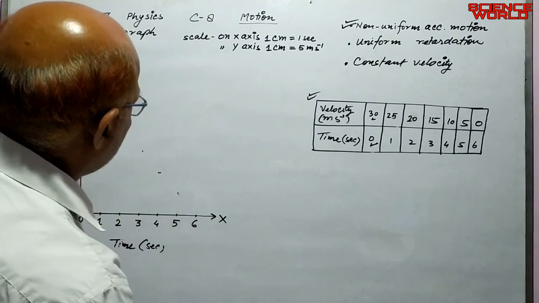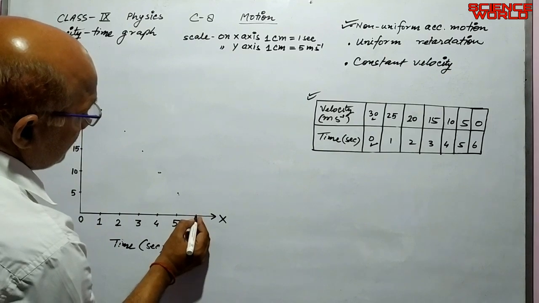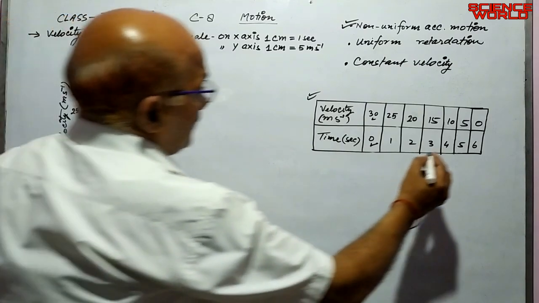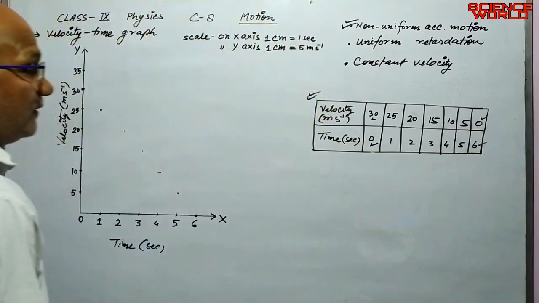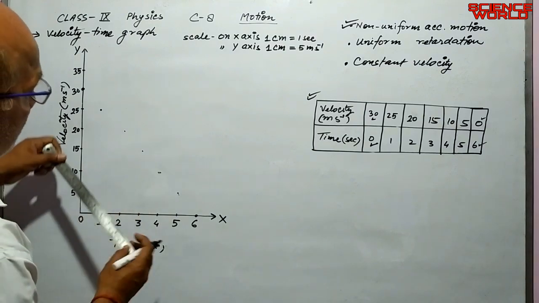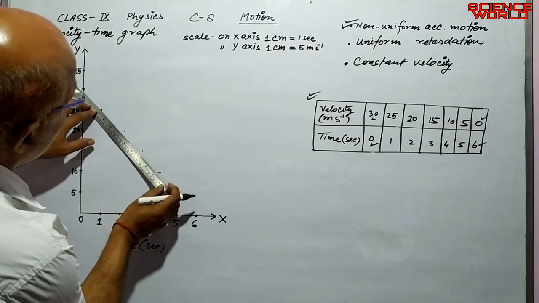And when time is 6 second, the velocity is 0. At 6 second, you can see the velocity of the body is 0. So, now we will join all these points by using a scale.